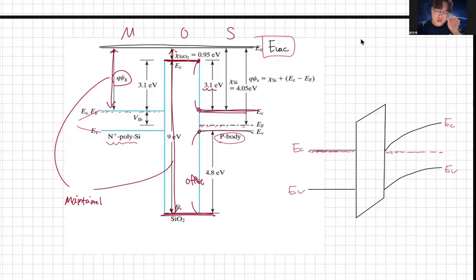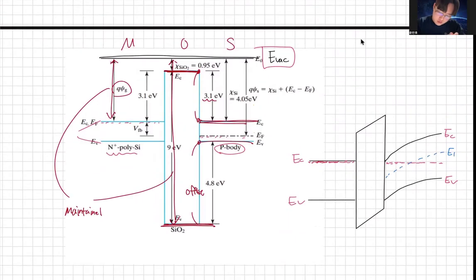Also we can draw the intrinsic Fermi level of the p-type like this, and write this electron volts here, and 4.8 electron volts or so.